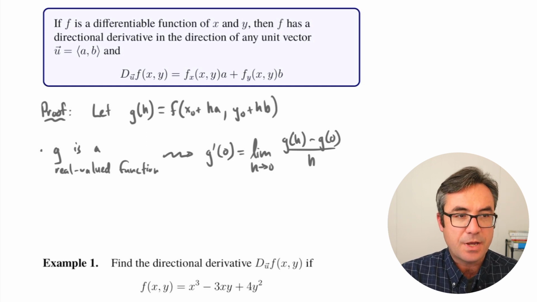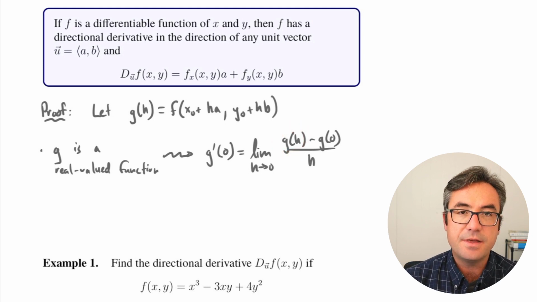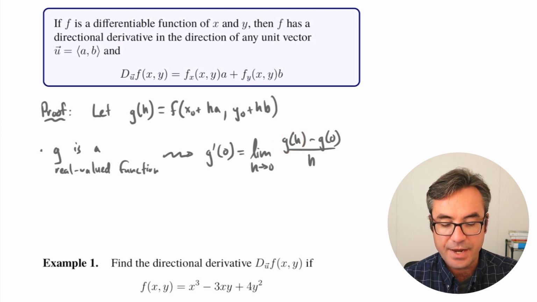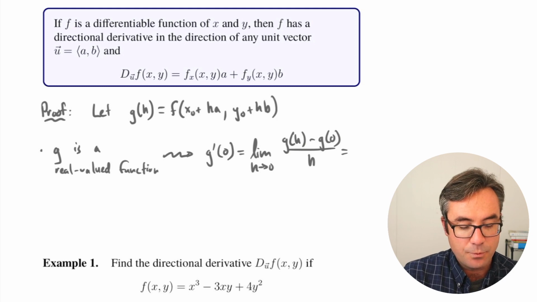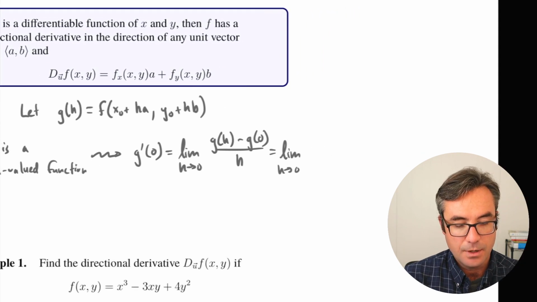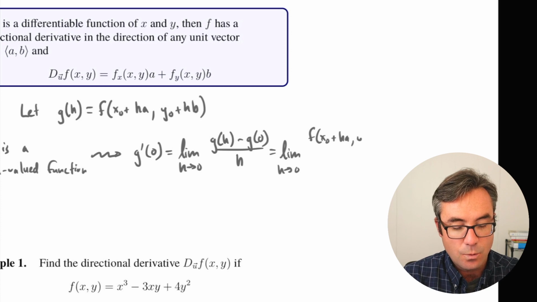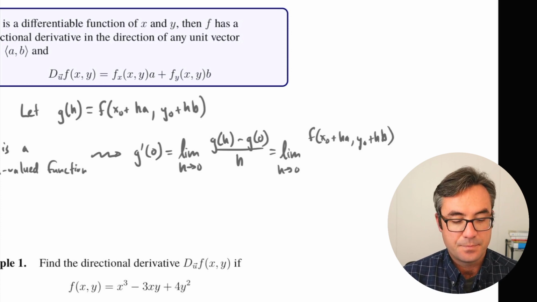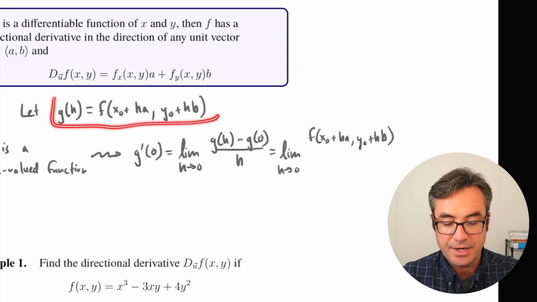If we fill in the value of g of h here, we end up with the limit as h goes to 0 of f of x0 plus ha, y0 plus hb, and that's precisely what g of h is.